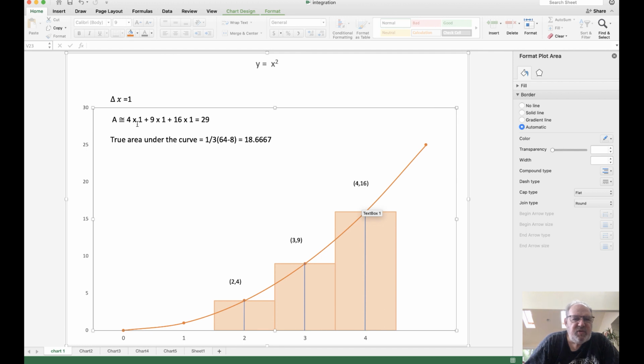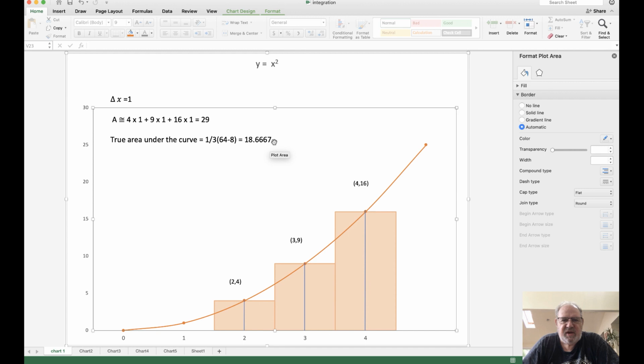When we add those 3 rectangular areas up, we find that it comes out with an answer of 29. Okay, and I did a calculation in advance, and the true area under this curve between 2 and 4 is actually 18.667.